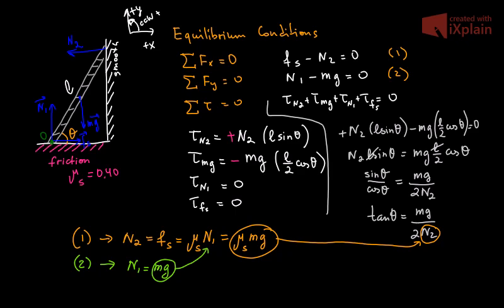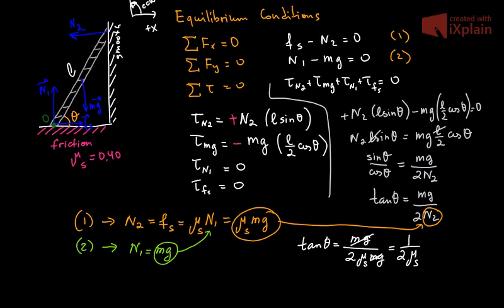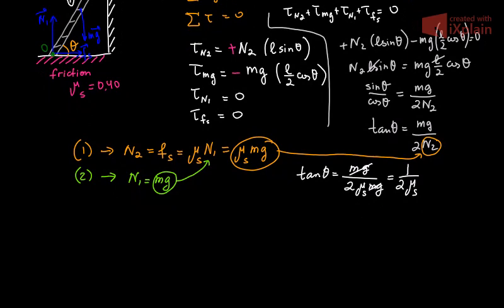So from here, tangent theta equals mg divided by 2 mu s mg. The mg's cancel out and we have 1 over 2 mu s. So theta equals tangent inverse of 1 over 2 mu s, and then we plug in the numbers.